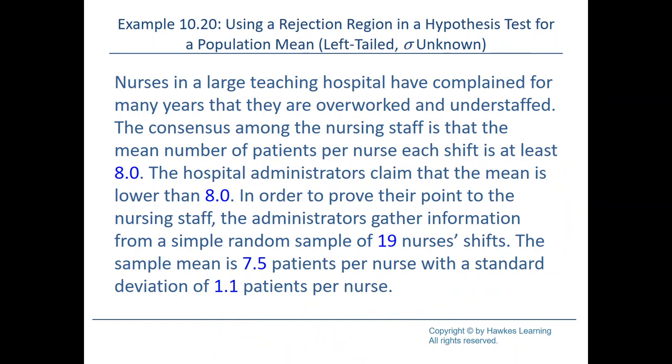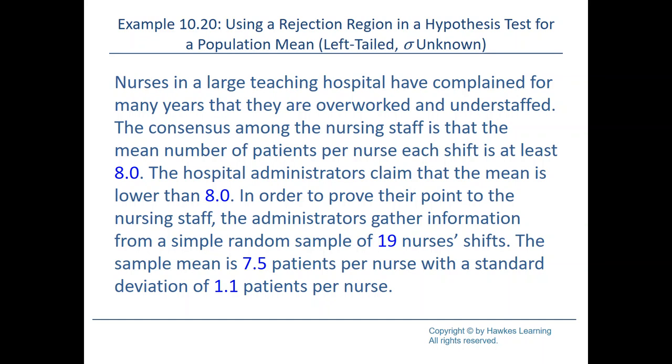So nurses in the large teaching hospital have complained for many years that they are overworked and understaffed, and the census among the nursing staff is that the mean number of patients per nurse each shift is at least 8. So 8 or more. Now the hospital administration claims that the mean is actually lower than 8.